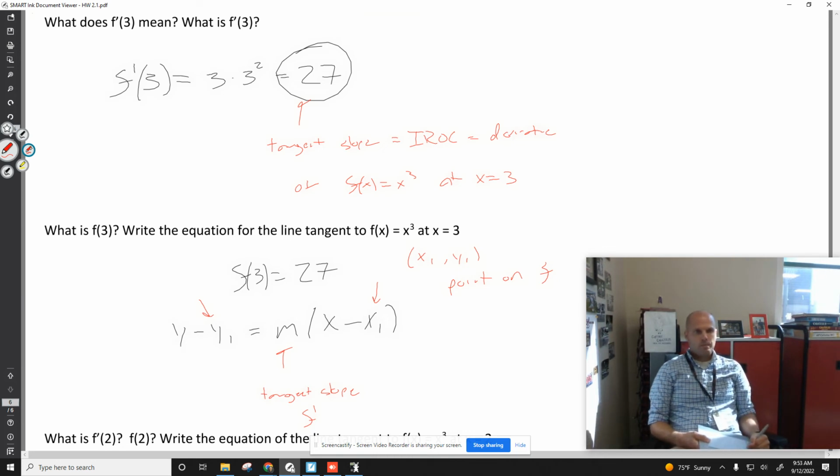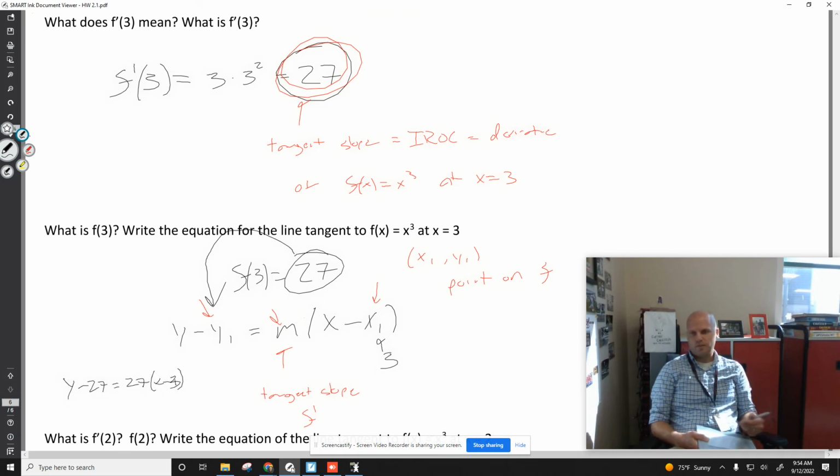So 3 goes there, this 27 goes there, and that 27 goes here. y minus 27 equals 27 times x minus 3.